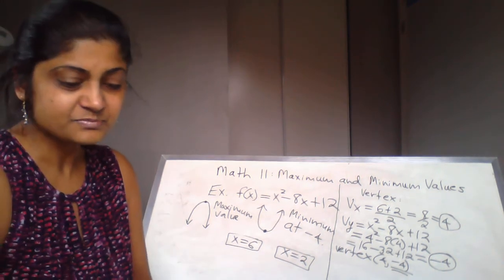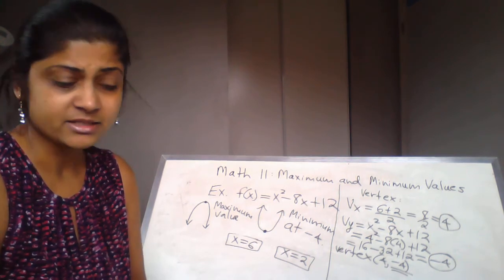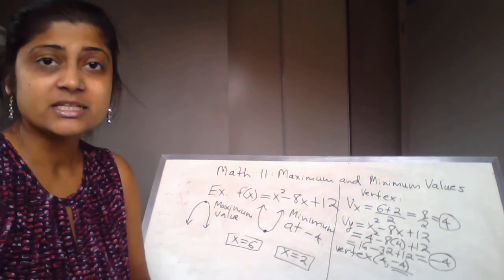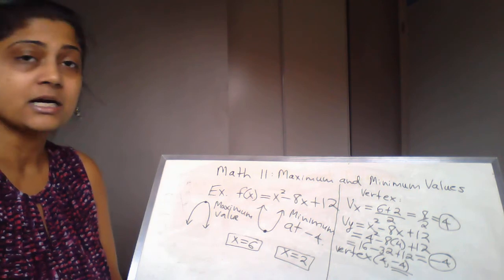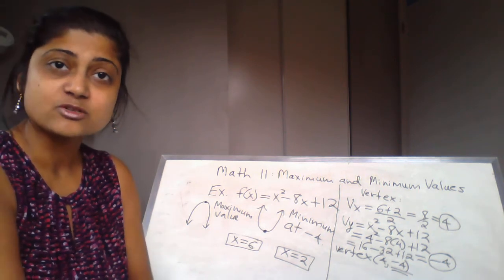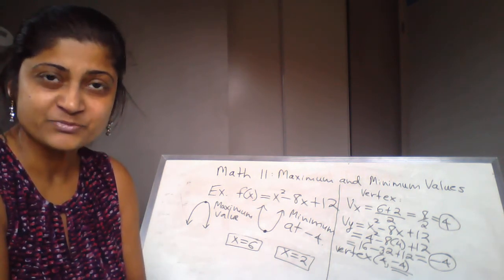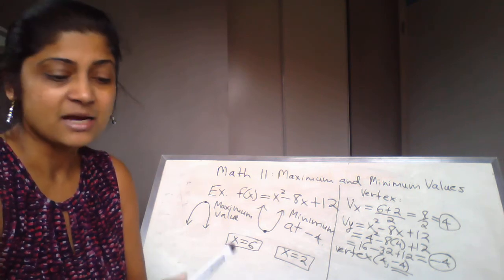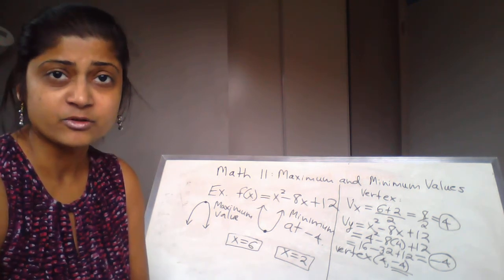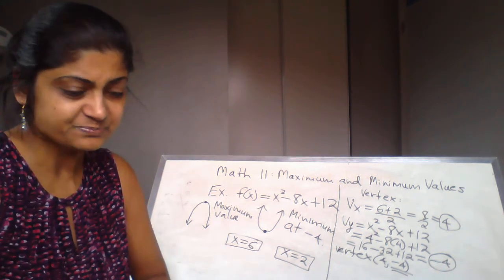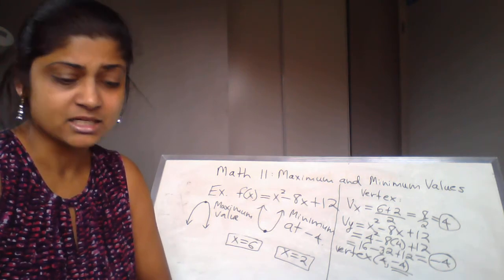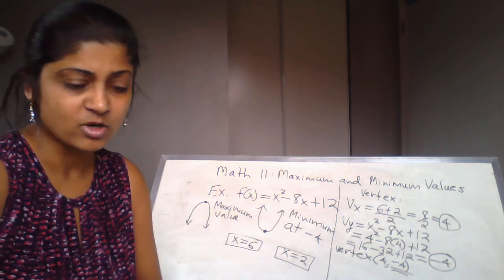However, if there is a negative sign in front of this quadratic function, then the parabola is opening downwards, and in that case there's going to be a maximum at whatever the y point of the vertex is. That is the first way to find the maximum or minimum value of the quadratic function.